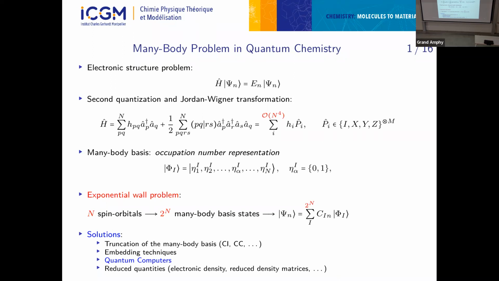Or the subject of this talk, quantum computers, which can actually describe all these states, the exponentially many Slater determinants expressed in this many-body basis, but at a polynomial cost. There are also other techniques and paradigms using, for instance, the electronic density or reduced density matrices instead of the wave function, like density functional theory, which we usually know. And if I have time, I will present some results about that later on, connected to quantum computing.